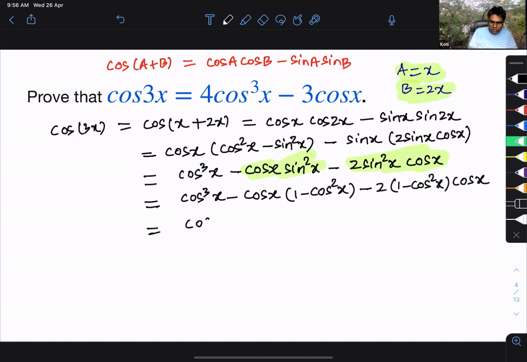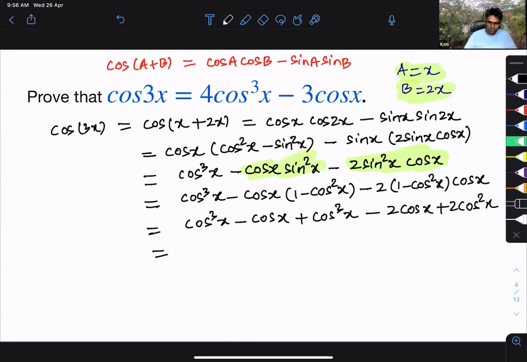Okay, so now you have cos cube x minus cos x, and then minus into minus, that would be plus. I have cos cube x minus 2 cos x, and again this becomes plus 2 cos square x. So if you add the positive terms, this is a cube, that is a cube.